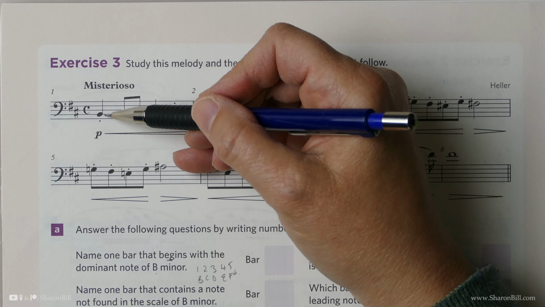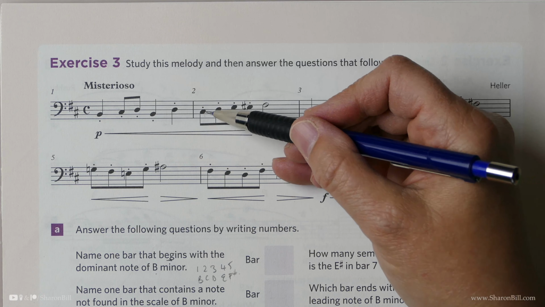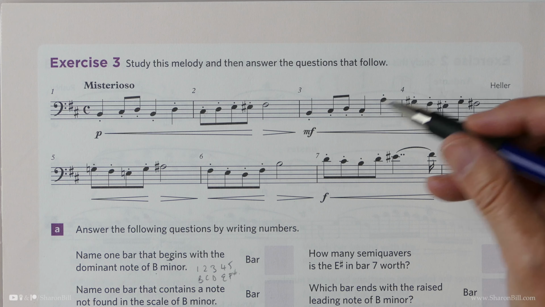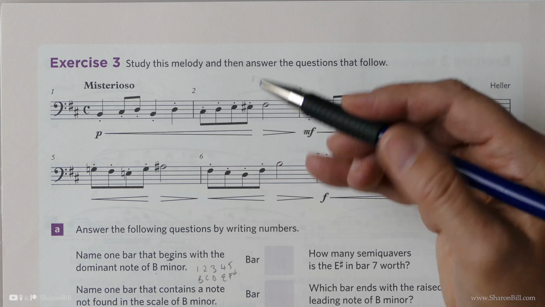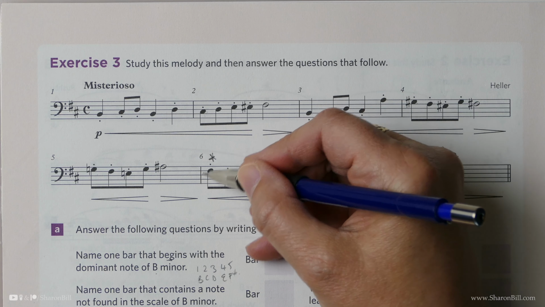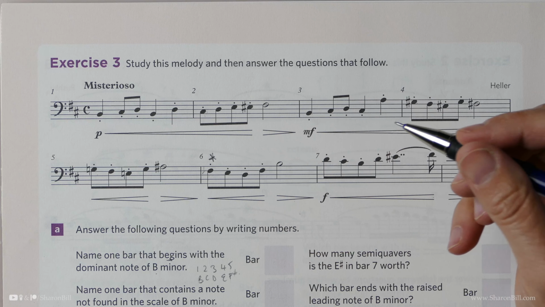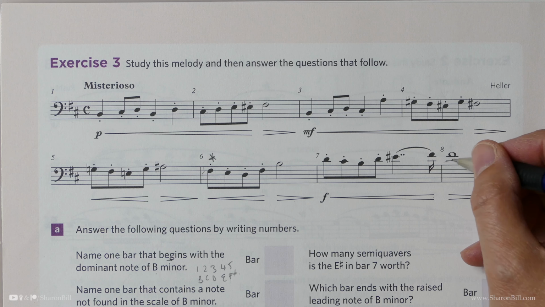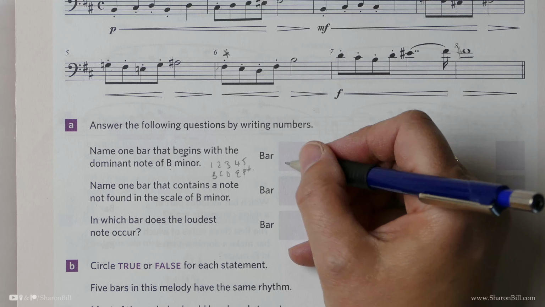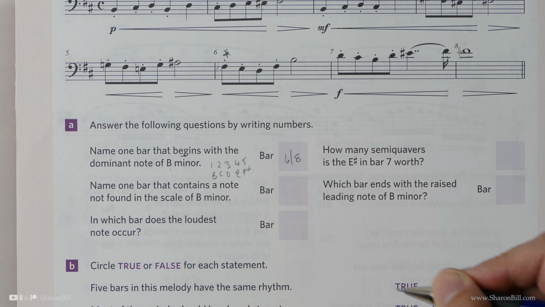Here we have a B, a C sharp, a B, a G sharp, G natural. Here we have an F sharp because the key signature sharpens that. And actually here, C, D, E, F, that is also an F sharp. So bar 6 or 8 will be an acceptable answer there.